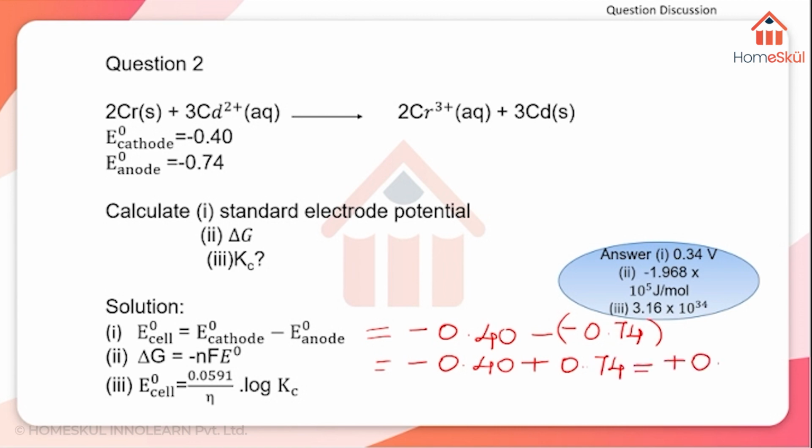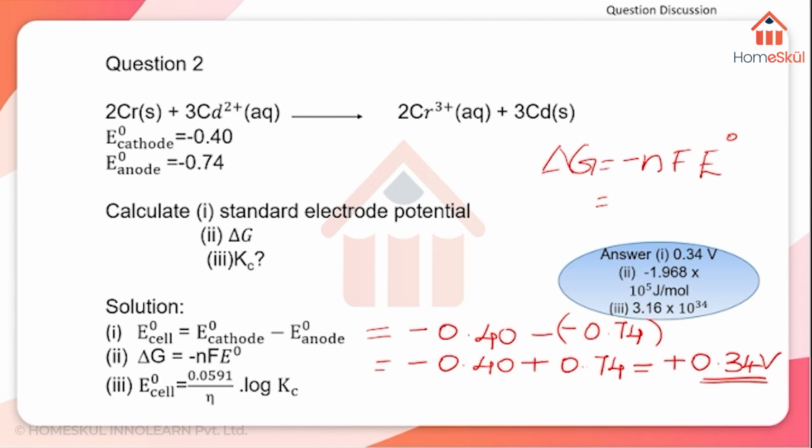Now let us move on to the second question. Here they have asked for the change in Gibbs free energy. We know that delta G is equal to negative nFE0, where n is the number of electrons transferred. In this case n is equal to 6, you can calculate it from the reaction.